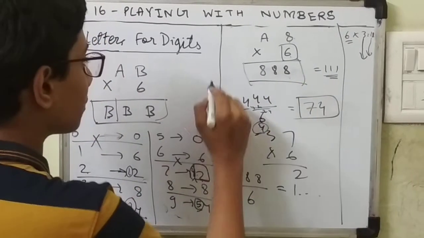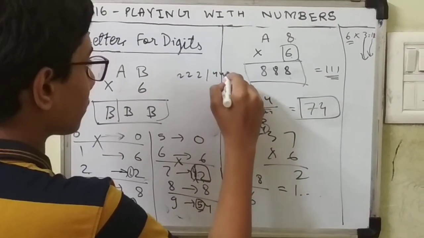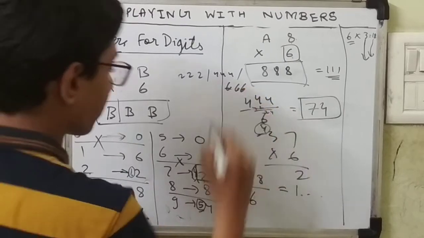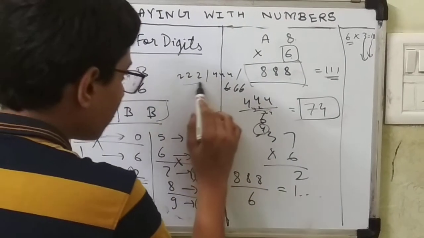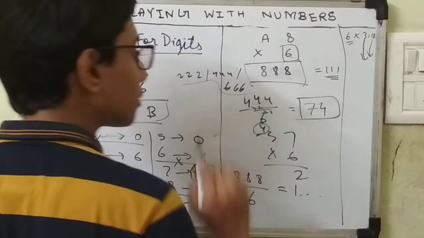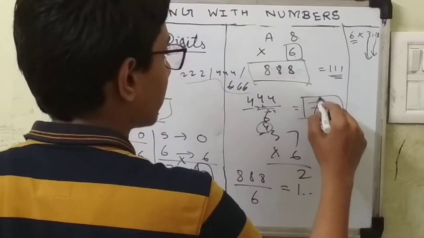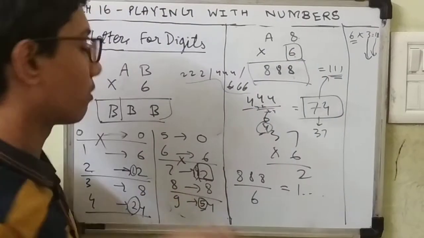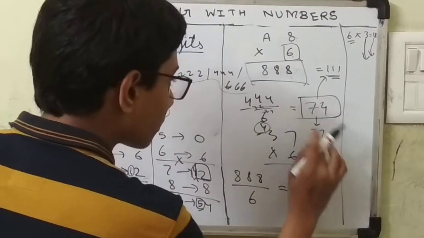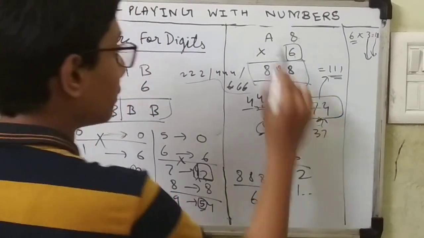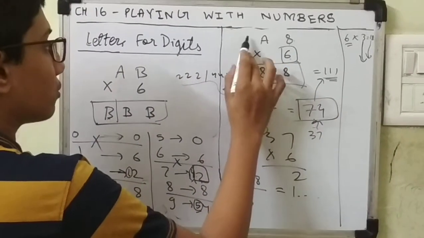Just focus on this number. Earlier it was 222, then 444, then 666. As the number was increasing, our answer also was increasing. Here earlier it was 37, then it became 74, then it became 111. So you can see there is a constant increase in the answer, and we don't want a 3-digit number because it is not specified here.